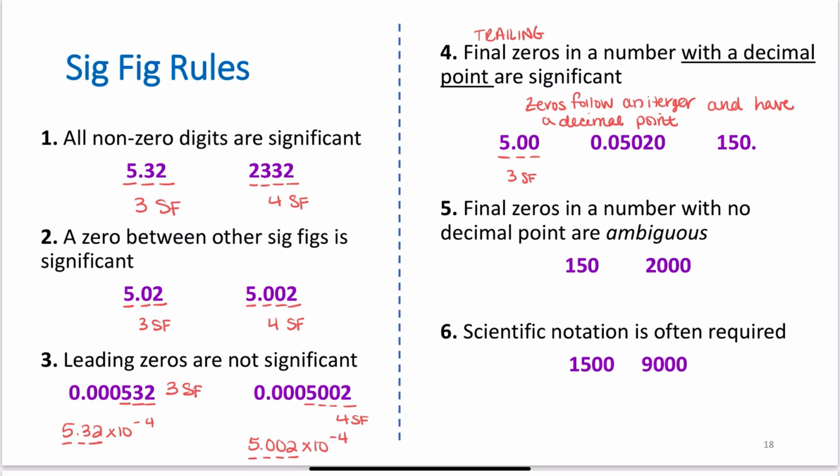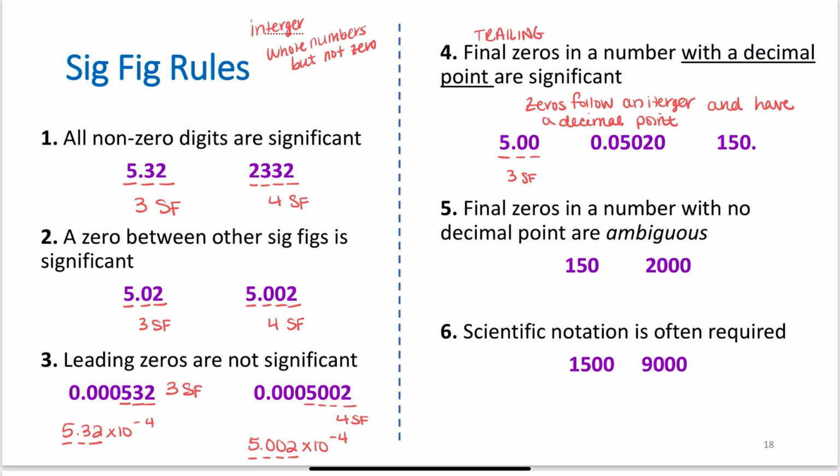Remember, integer is your whole numbers, but not 0. So 5.00 has 3 sig figs. If I say something is 5.00, I mean specifically 5.00. I don't mean 5.45 or 4.97. I mean 5.00.